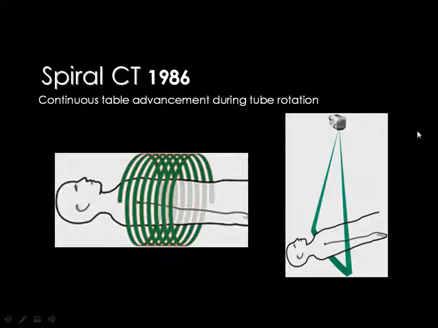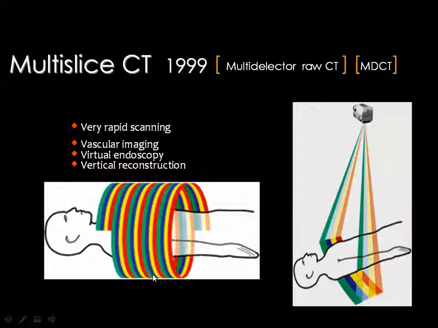Then if you have an X-ray tube and a single detector, then every tube rotation you get a slice. Then what happens if you put in front of the machine more than one detector? Let us say four detectors in front of the X-ray tube.